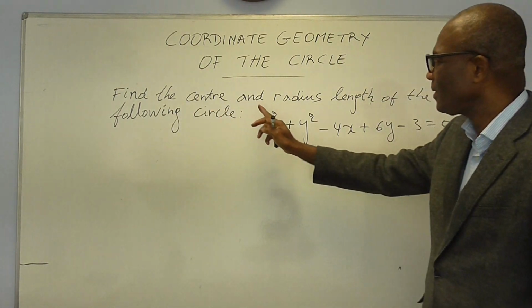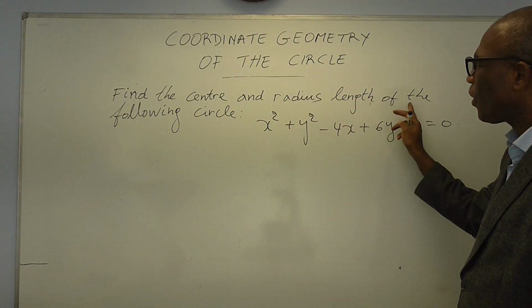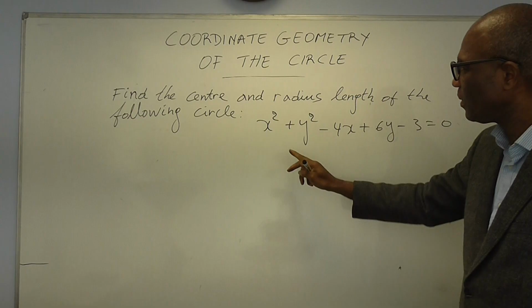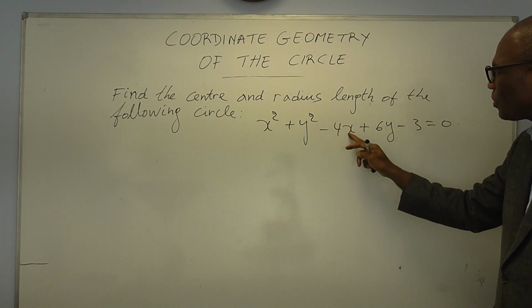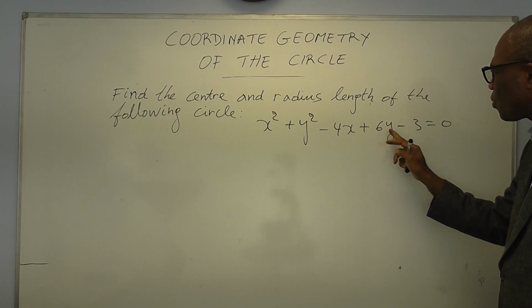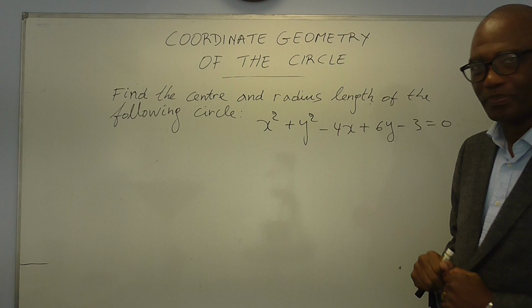Find the center and radius length of the following circle: x squared plus y squared minus 4x plus 2y minus 3 equals 0.